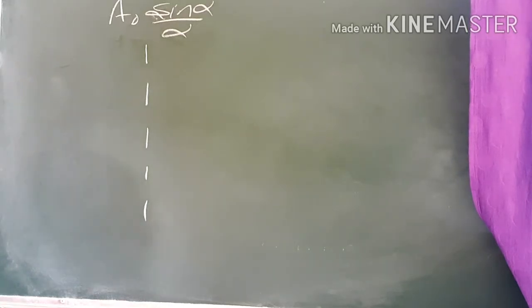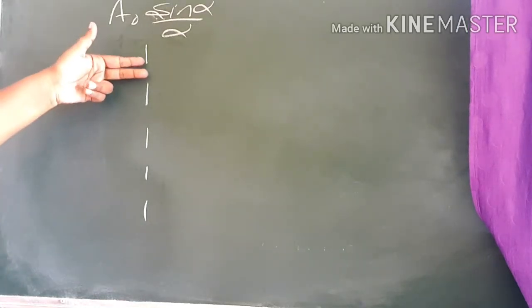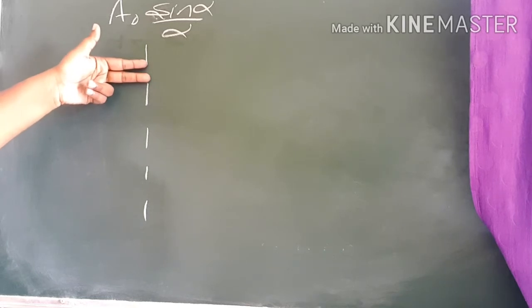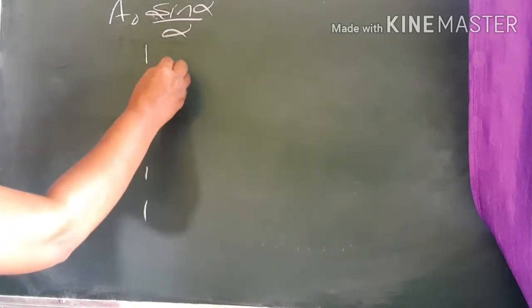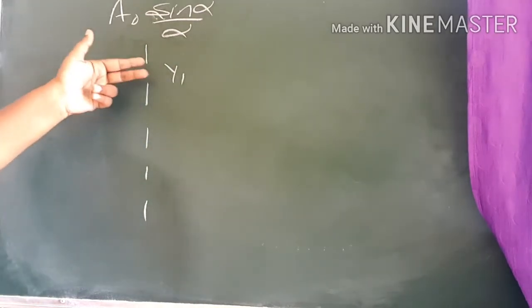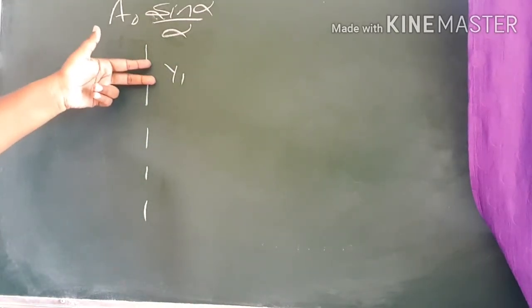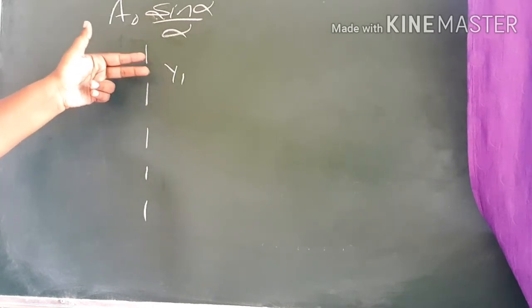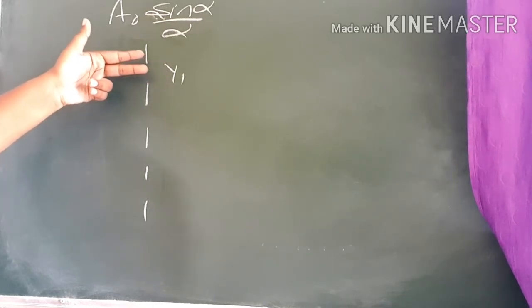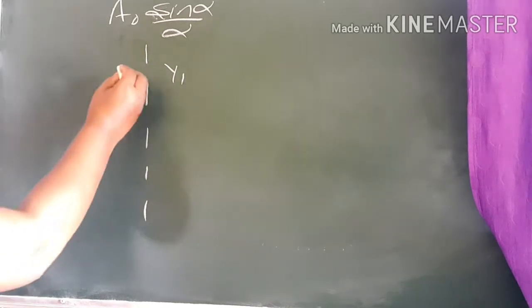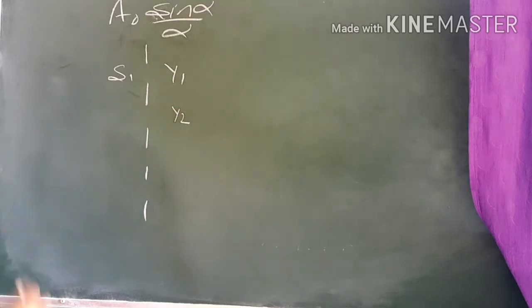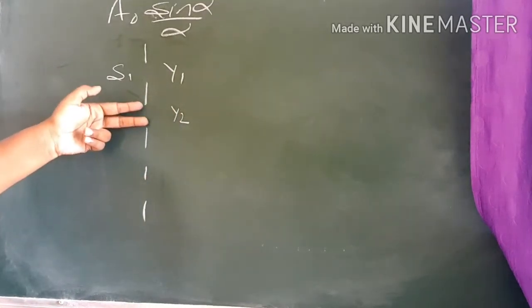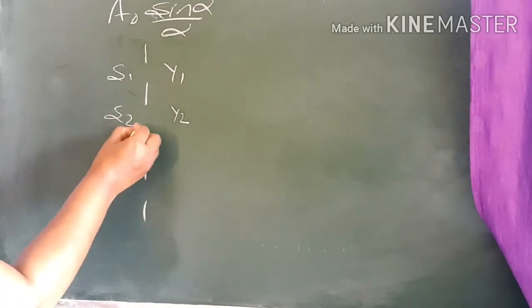In this case, we consider all the rays coming from a single slit. Suppose this is y1. Y1 is the resultant of all the rays coming from this slit S1. Suppose y2 is the resultant wave vector of all the rays coming from the slit S2.